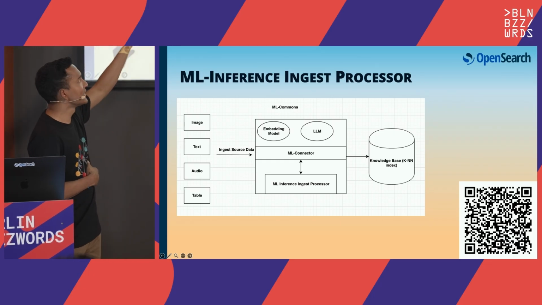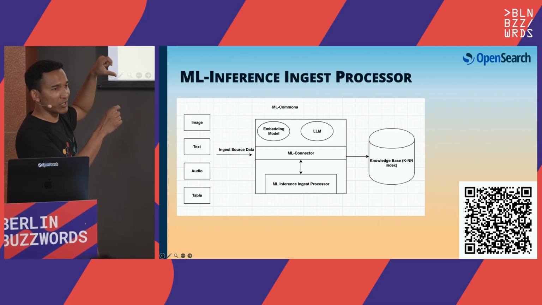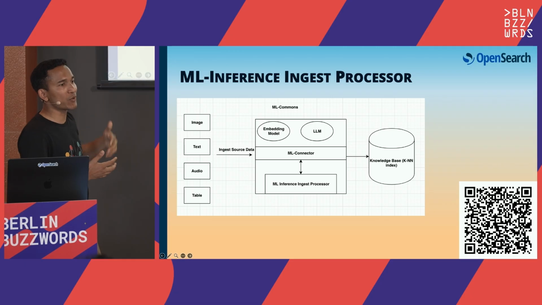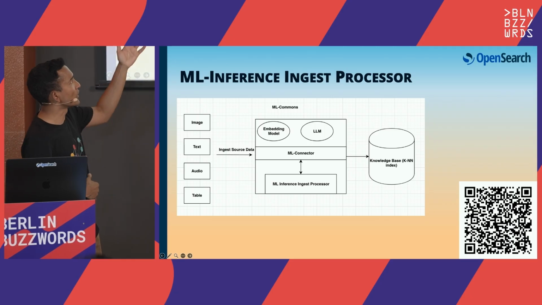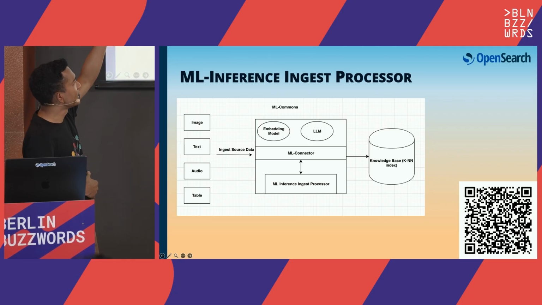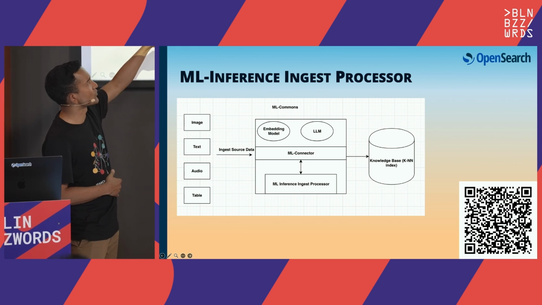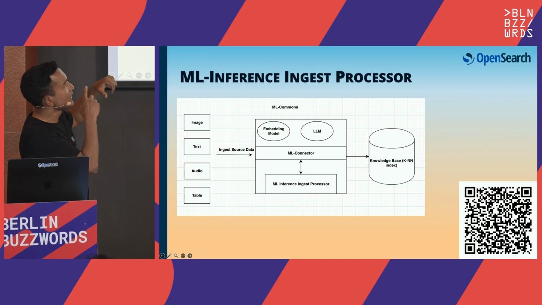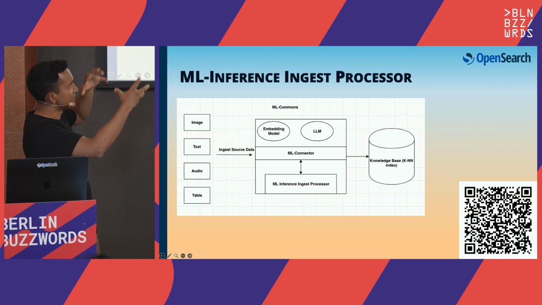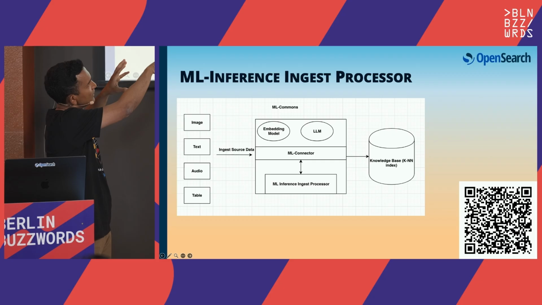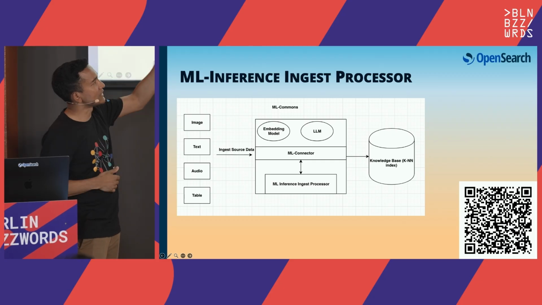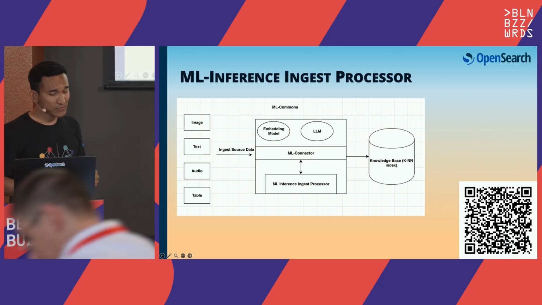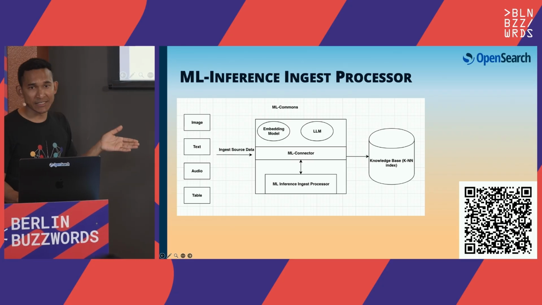Inside OpenSearch, we have the ML connector, which is the model part. This connector connects with any kind of embedding model, say your local embedding model, or you can connect to an LLM. Then the ML inference ingest processor does all the heavy lifting: it sends the data to the LLM, generates the embeddings, streamlines the whole process, and sends that to the knowledge base of the KNN index. So this is the first part, data ingestion.